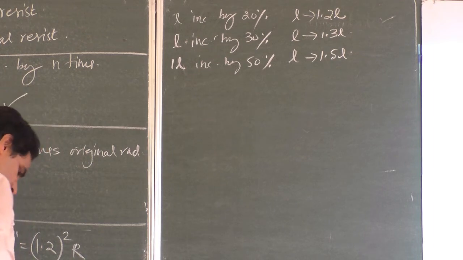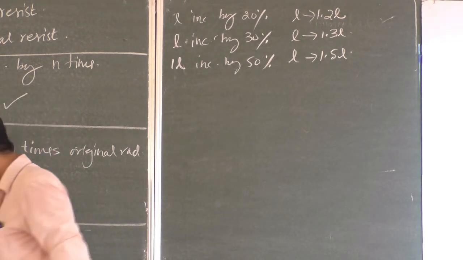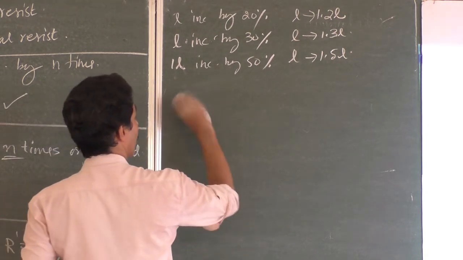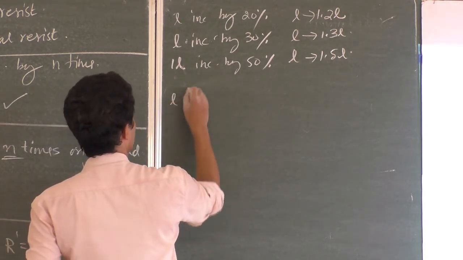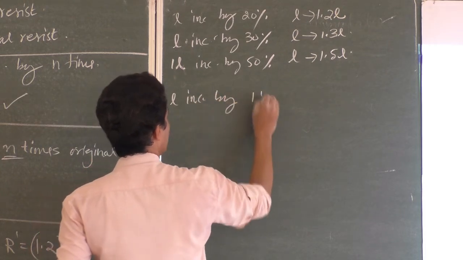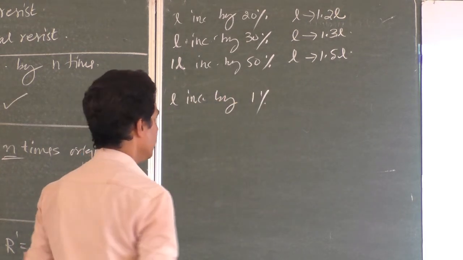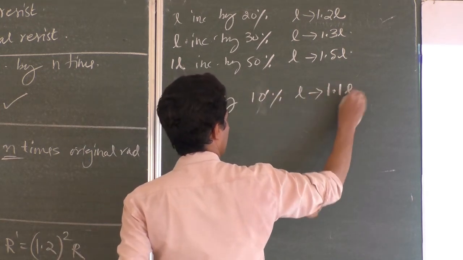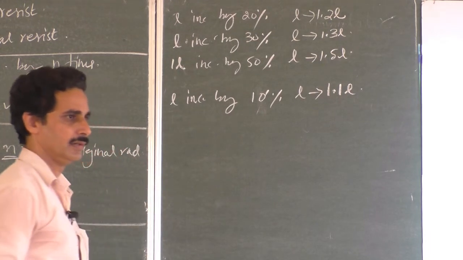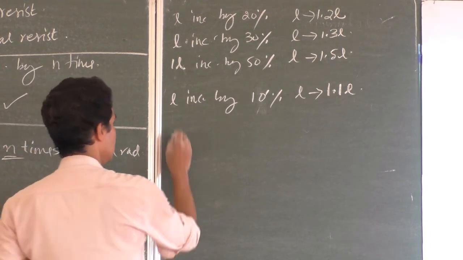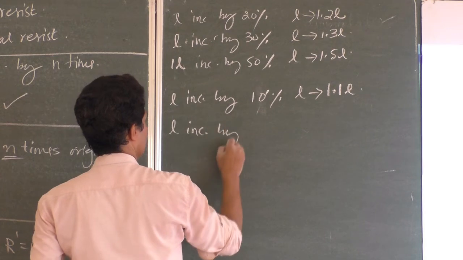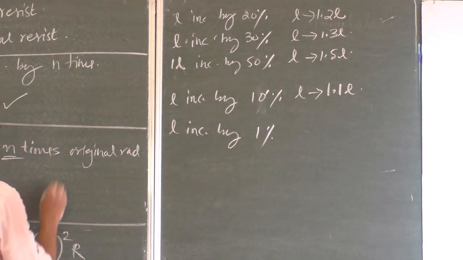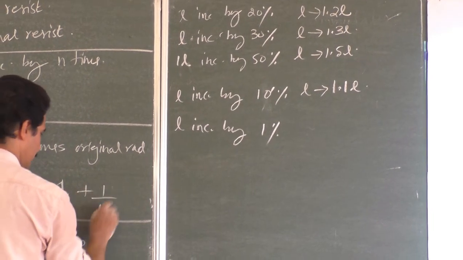So these are all the conditions. Now L increases by 1%. Here the question is 2%. We will see all the percentages. Now L increases by 1%. How do you take 1%? If it is 10%, of course, L becomes 1.1 L. 100 becomes 110, 1 becomes 1.1. L increases by 1%. How do you write it? To 1, you have to add 1%.